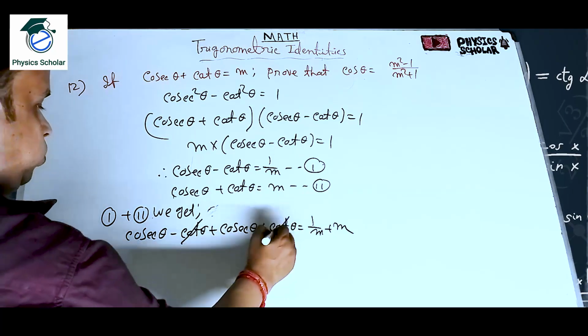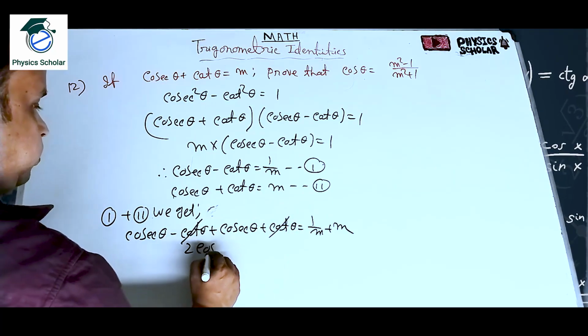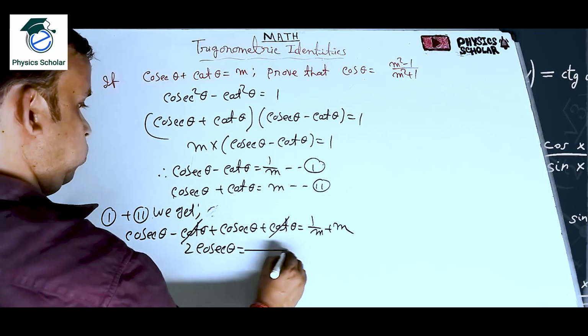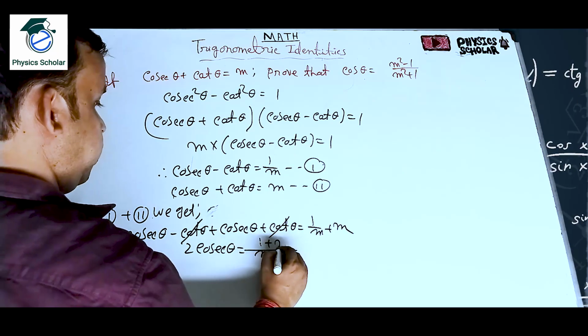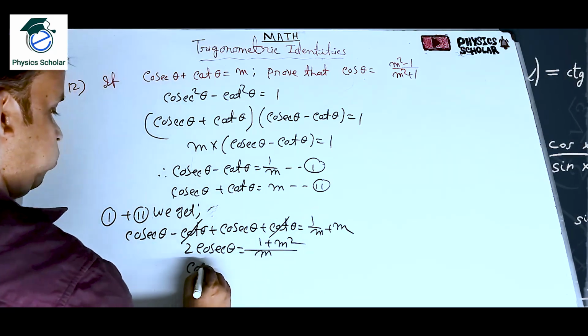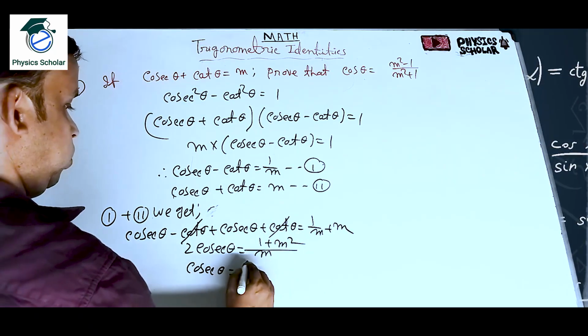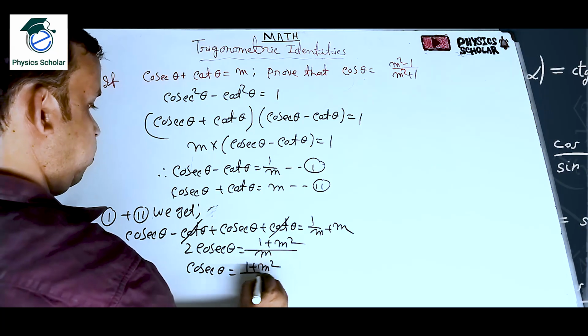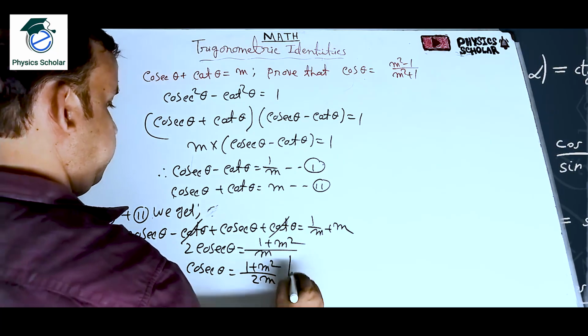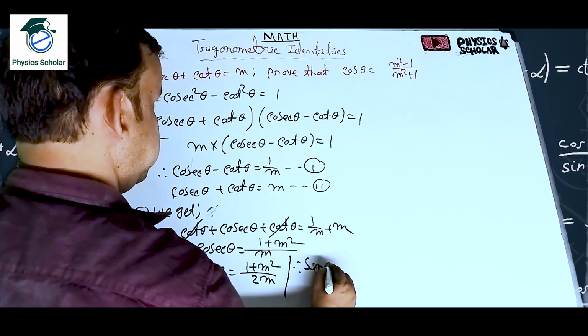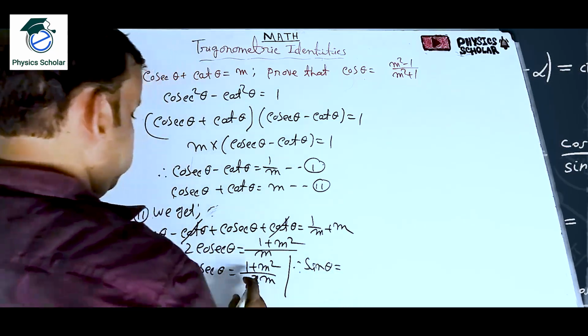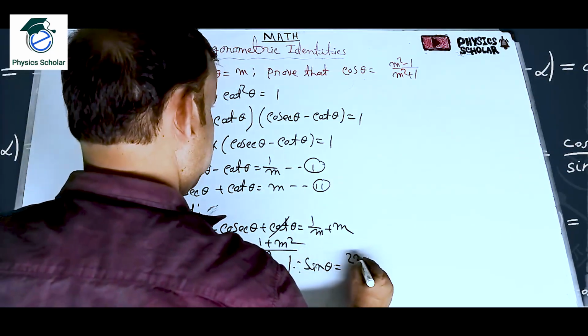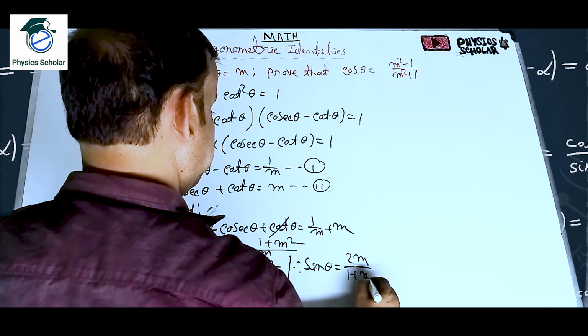So cot theta will be cancelled. So 2 cosec theta is equal to, m will be the LCM, 1 plus m square. That means cosec theta is equal to 1 plus m square by 2m. That means sin theta, clear, is equal to 2m divided by 1 plus m square.